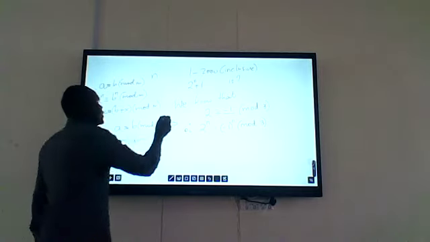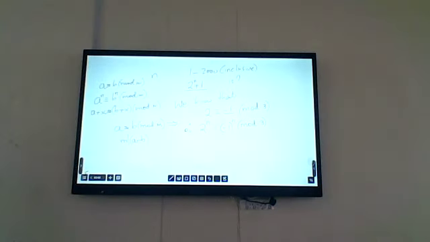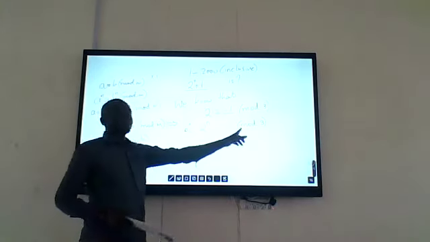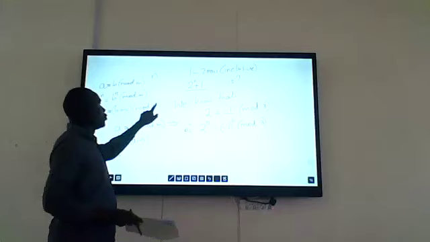Remember we are dealing with this expression, 2 power n plus 1. So once we have this, we can use the same property here to add 1 on both sides.